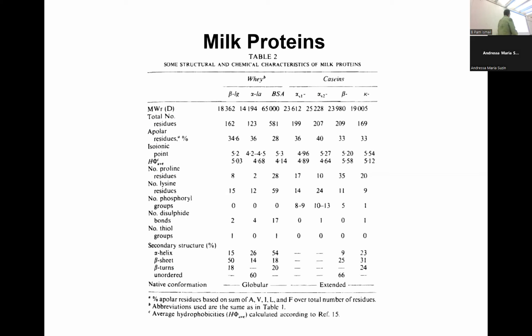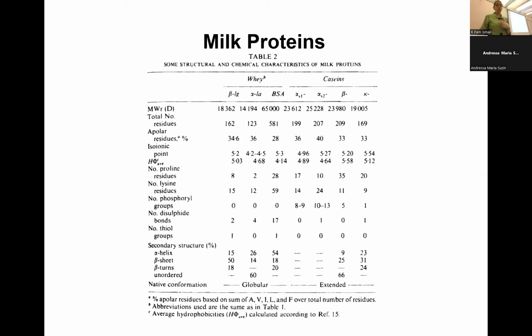So this is a summary table, and we don't need to memorize anything, but it puts beta-lactoglobulin, alpha-lactalbumin, and all the caseins together, showing how they differ in molecular weight, secondary structure, thiol, and phosphate groups.